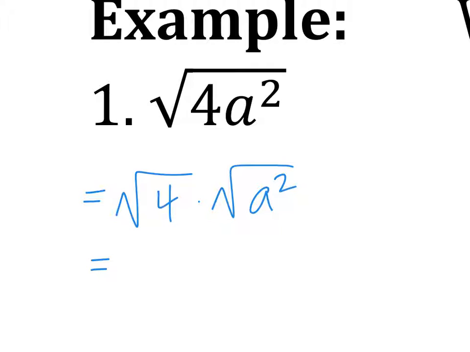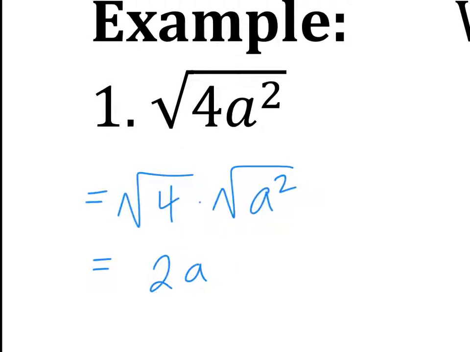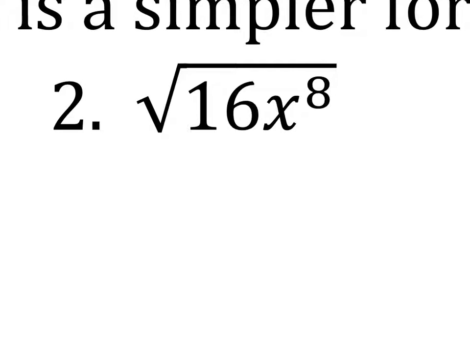So square root of 4 is what? Square root of a squared is a. Yes? You guys know why square root of a squared is a, right? Okay. All right, next. Square root of 16x to the 8th.